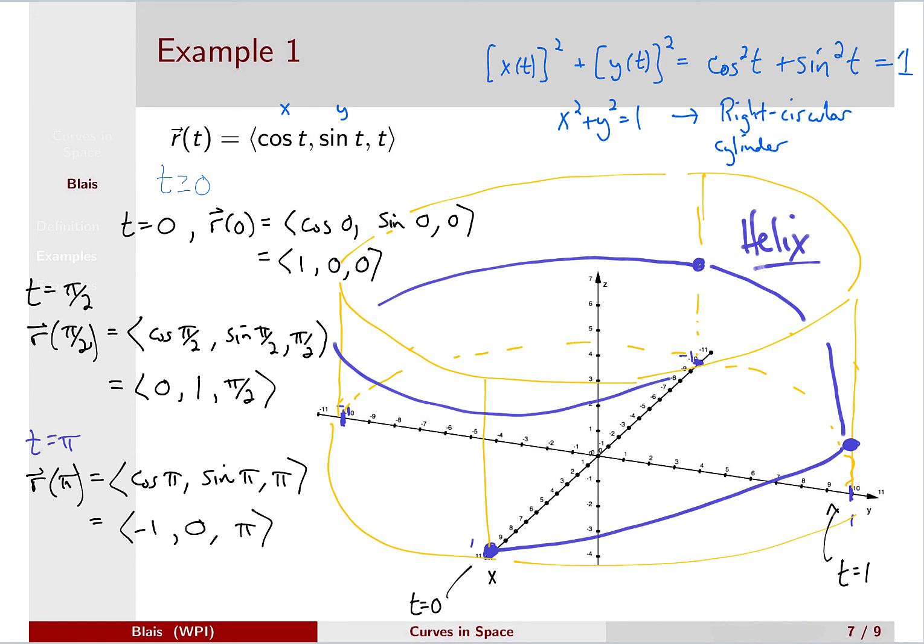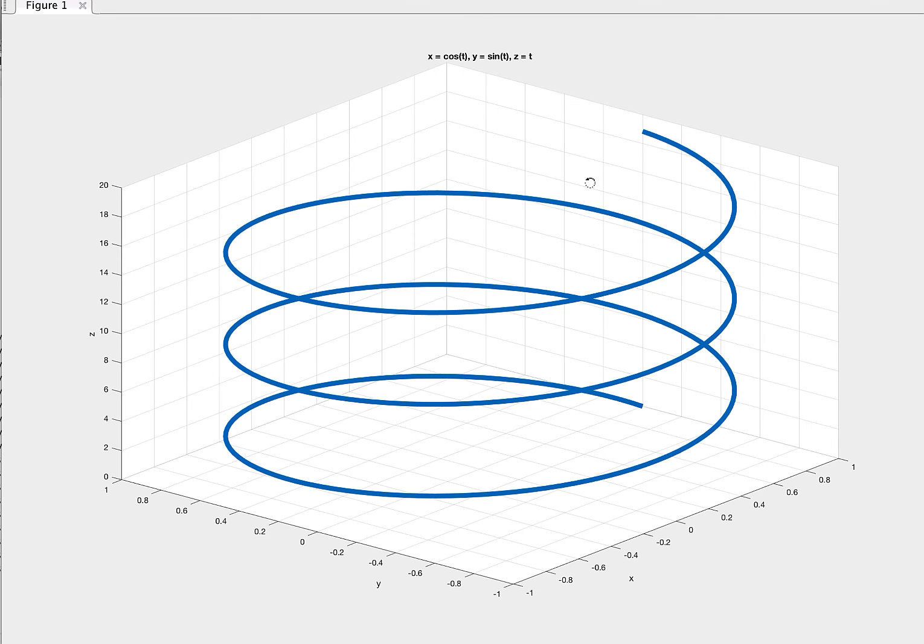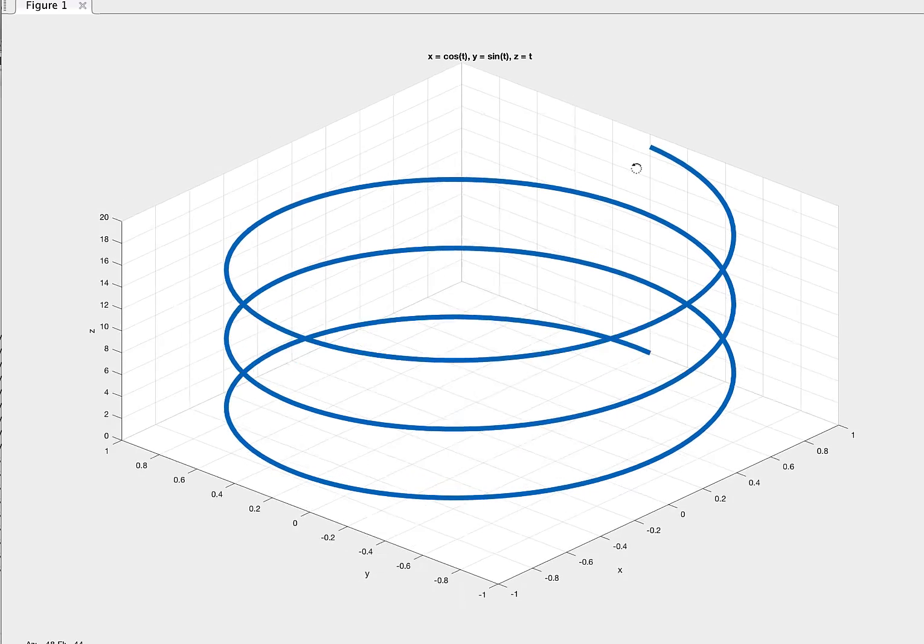And so this is a classical example in terms of parametric curves, better depicted here. And so we see the axes. Here's our x-axis, here's our y-axis. So here y is 0 and x is 1. And we can see we're spinning around in this helix fashion. Using MATLAB, we can see it a little bit better, where we can actually move it around.